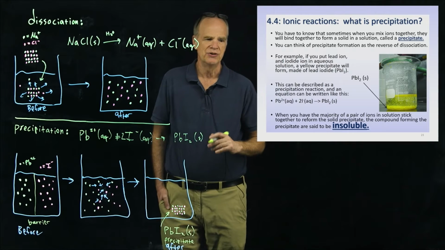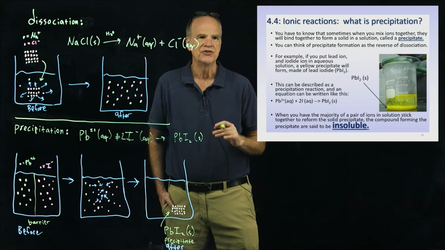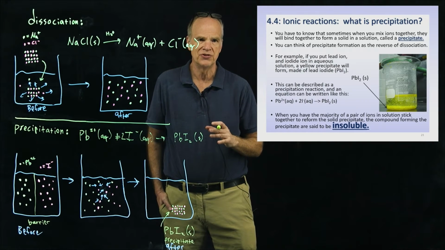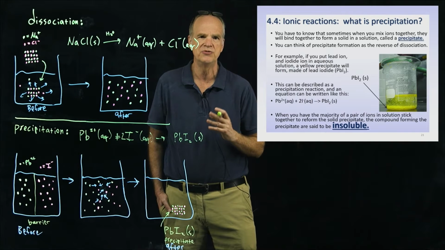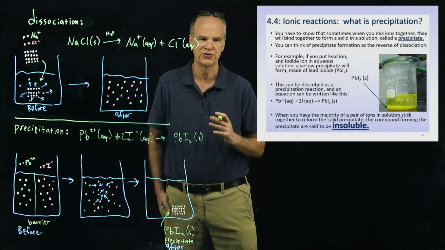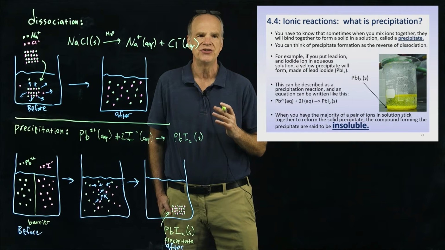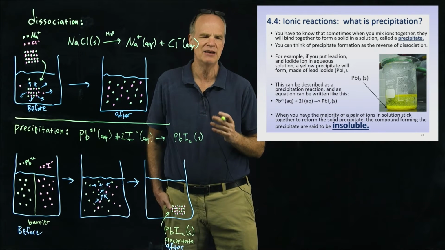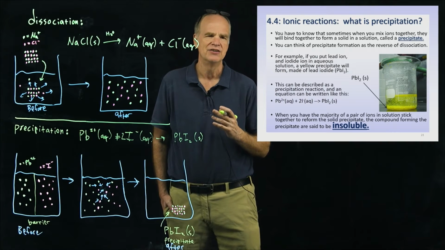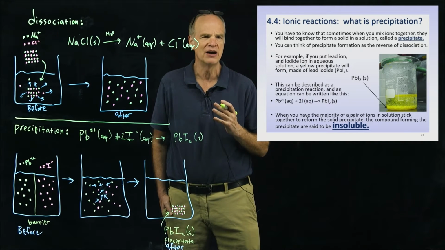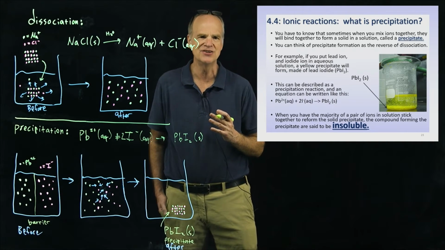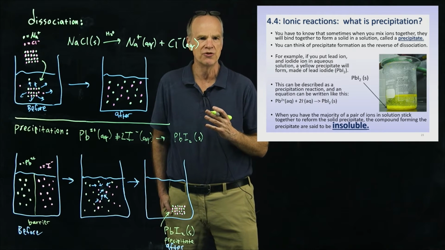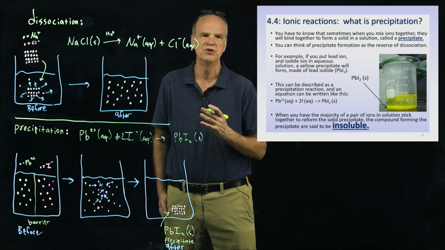Okay, so another thing I should point out is oftentimes when you see a precipitate, you won't see these beautiful solid crystals form in the water. Instead, what you'll see is kind of a muddyish solution. And that kind of makes sense because imagine you're trying to reform a solid in the water, and occasionally you'll get the ions to order up perfectly to reform these beautiful crystals.